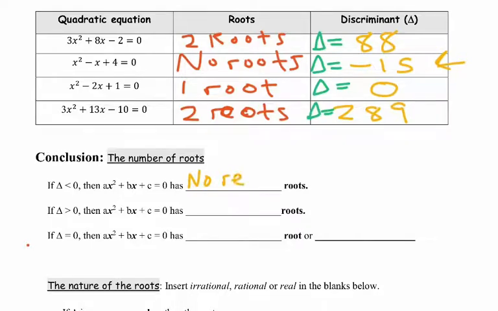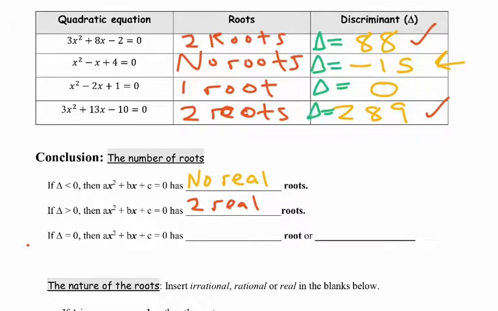Now what if delta is bigger than 0? Here we go. Delta is there, and delta is there. So if delta is bigger than 0, then it has 2 real roots.